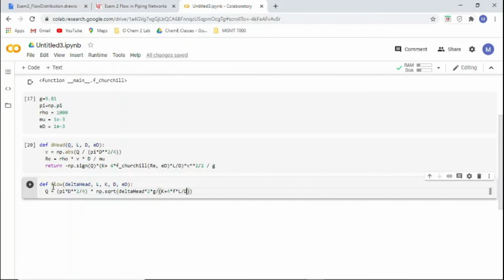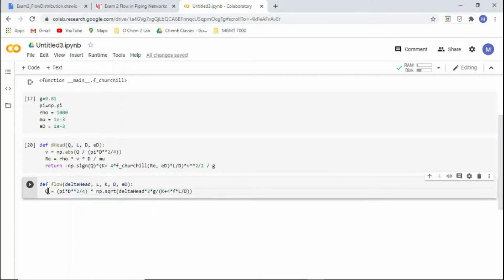In this case, we know the change in head and we're trying to find the flow rate with that change in head. But to get the flow rate, we have to make a guess because we need to know the velocity. We need to make a guess for the flow rate. And we'll use a root finder to find that flow rate where the delta head that is calculated for this guess that we're about to make is equal to the head up here that is supplied.